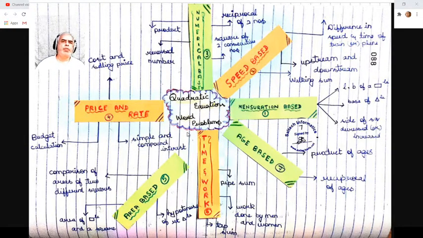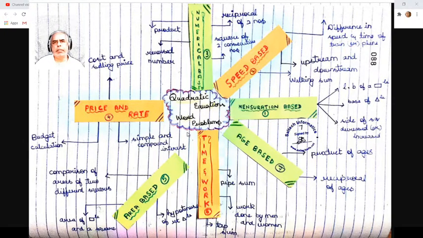And there will be some work done by a particular set of people, like so many men or women, so we have to find out, based on the proportionality. A tap means the flow of water going through the pipe. So how long it takes. Such type of problems are very frequently asked.